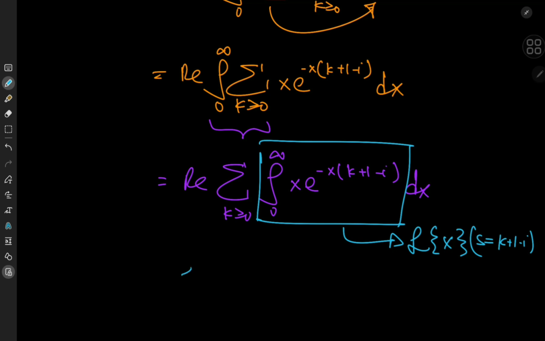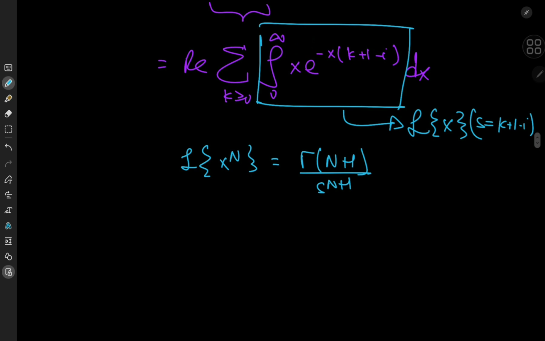Now, the Laplace transform of x^n equals gamma(n + 1) divided by s^(n + 1). So in this case, we have s equal to k + 1 - i. So all of this means the integral I is the real part of the sum over k of gamma of n plus 1.